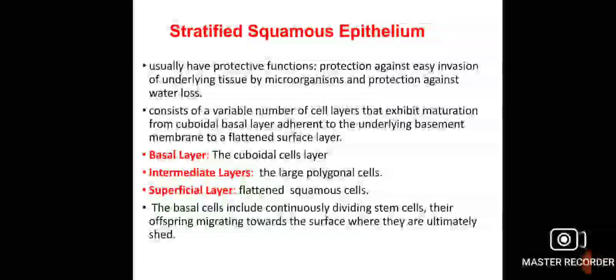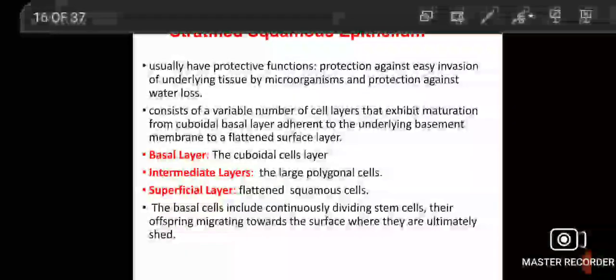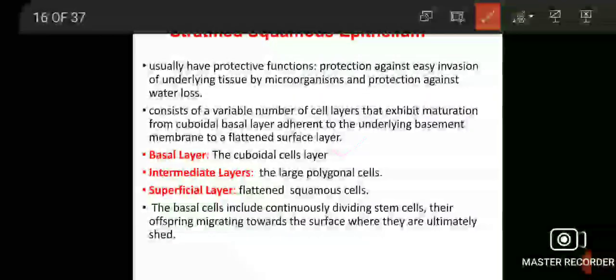This epithelium is multi-layered. It has a basal layer of cuboidal cells. Above the cuboidal cells, there is the intermediate layer which has multiple layers of large polygonal cells, and above the intermediate layer there is a superficial layer which consists of flattened squamous cells.